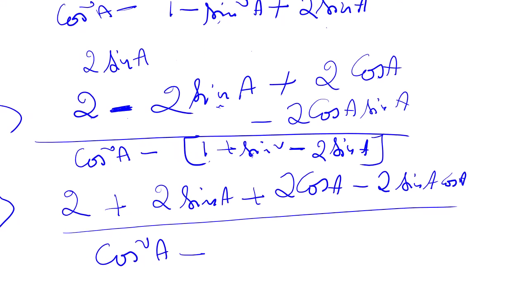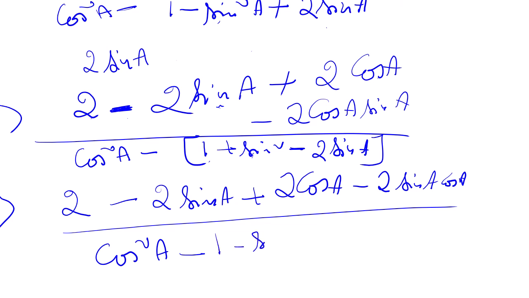So this will remain 2, then this is again minus 2 sin A plus 2 cos A minus 2 sin A cos A whole upon cos square A. Now I will remove the bracket.